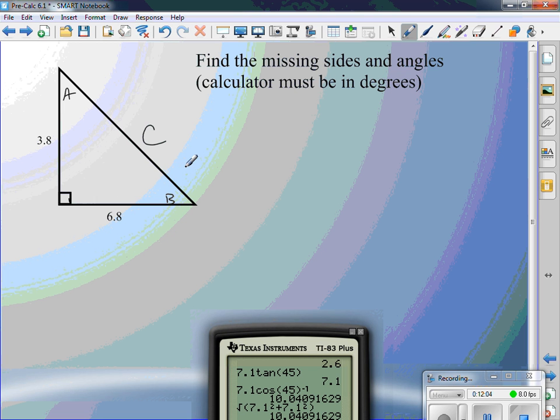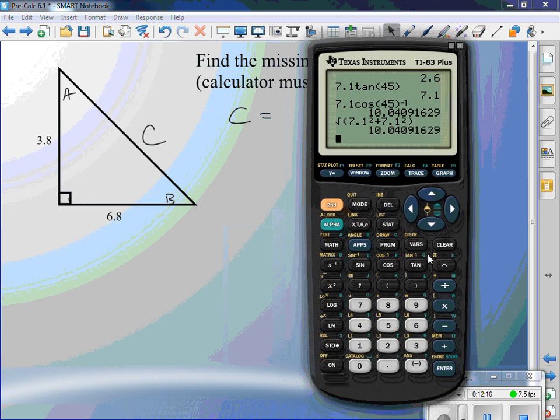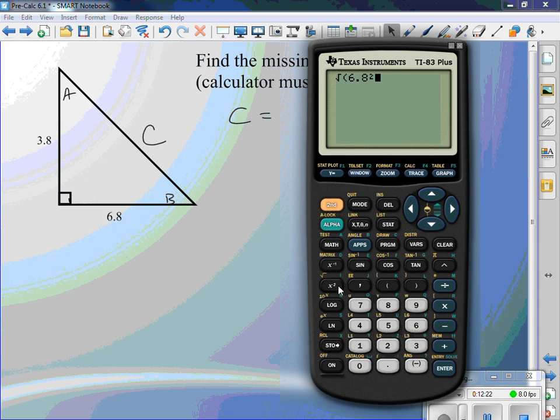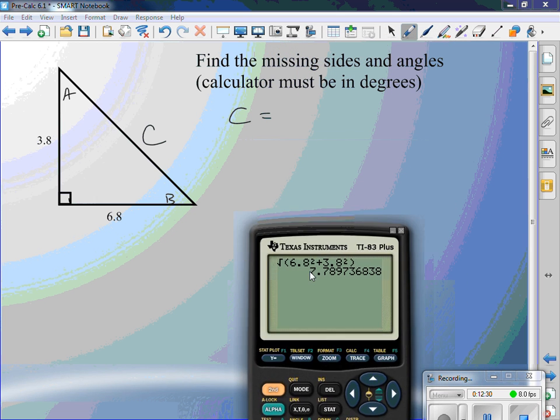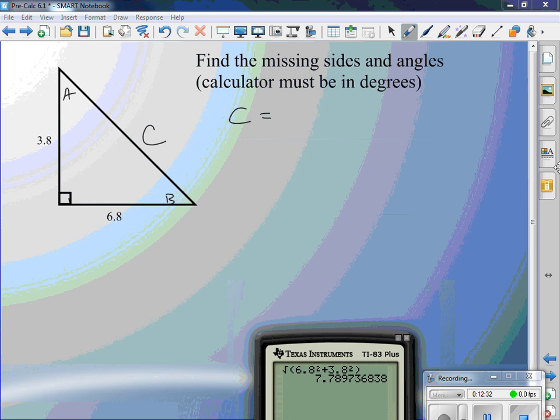What's the best way to find C? If I know two of the sides, might as well use Pythagorean Theorem. Square root of 6.8 squared plus 3.8 squared. C is 7.79.